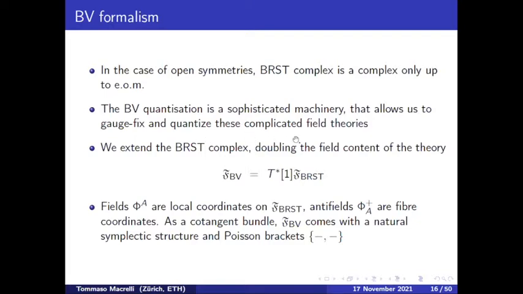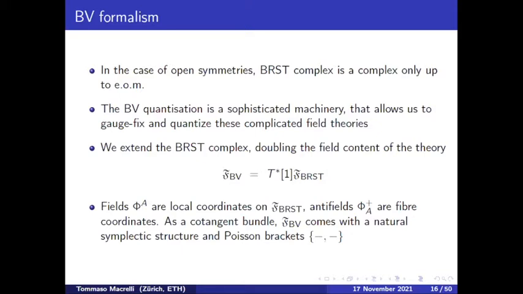And this is just the construction of the BRST complex. Then the following step is that we double the field content of the theory. To every field, ghost, higher ghost, we introduce an antifield, an antighost, a higher antighost.